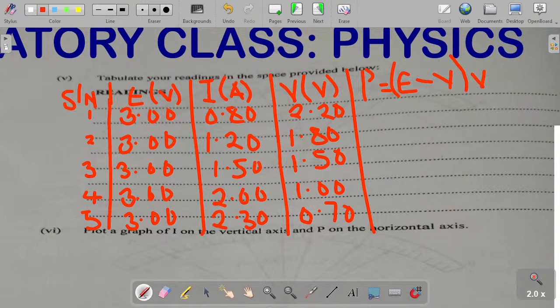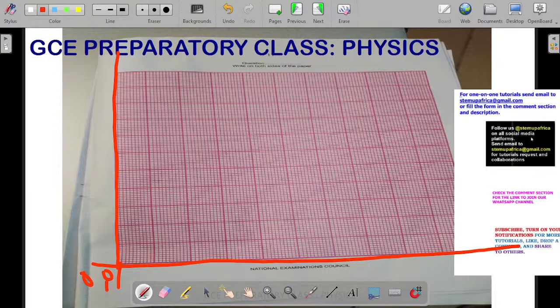My first E is 3 and my first V is 2.2. All you need to do is subtract: 3 minus 2.2 gives 0.8, so here it becomes 0.80. Then E is 3 and V is 1.8, so you have 3 minus 1.8.